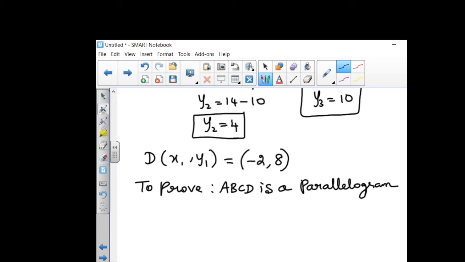So for that, what do you want to prove? The midpoint of AC, that is the diagonals. The midpoint of AC is equal to the midpoint of BD. So we want to prove the midpoints of the diagonals must be equal. What are the points of AC?